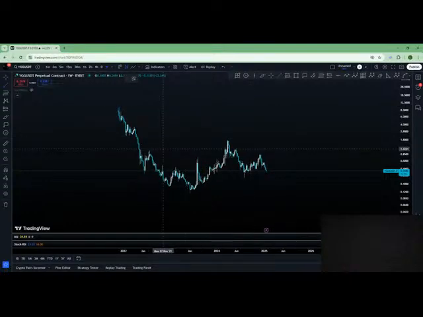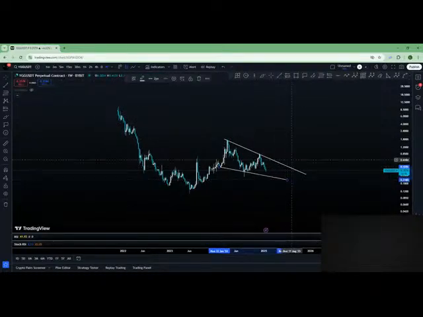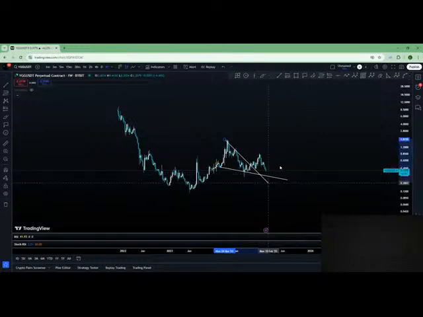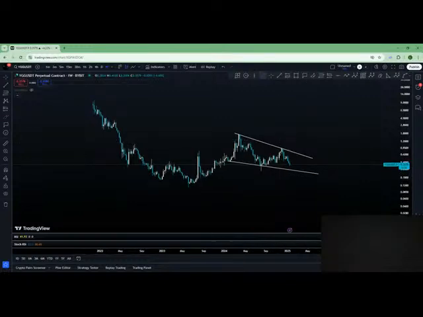For the YGG, you can see a trend line that is forming here. This also indicates a bullish movement in the near future. It could happen anytime, but I think the market could dump a little more, and then go for a very big bullish movement.